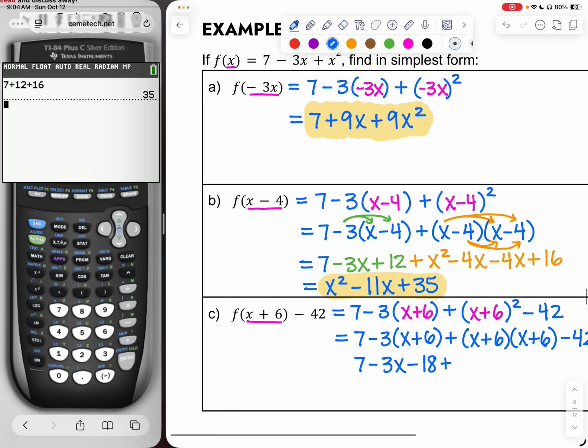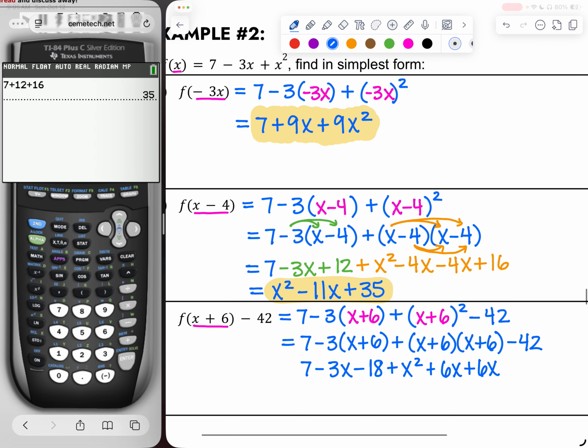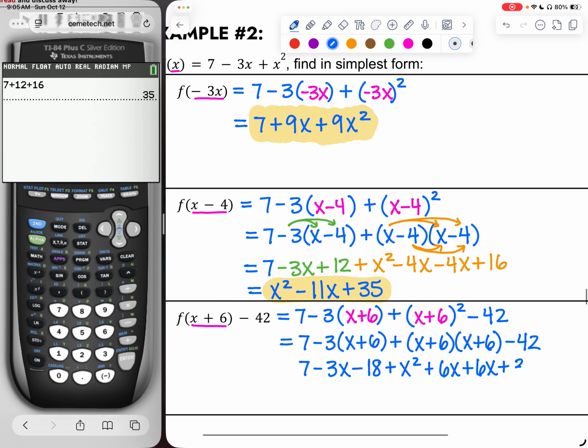All right. So if we start multiplying x times x, we get x squared. x times 6 is 6x. 6 times x is 6x. And 6 times 6 is 36. And then, of course, bring down the negative 42. So now we can then simplify. So x squared does not have a like term.